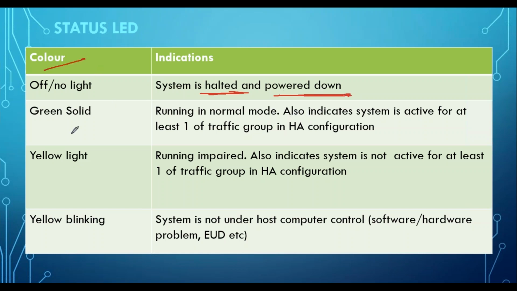If the status LED is solid green, it means that your system is running in normal mode. If it is yellow, it means the system either is not in active state or is running impaired. If it is blinking yellow, it means that the system is not under control. There is definitely a software or hardware problem with the device and it needs administrative action.